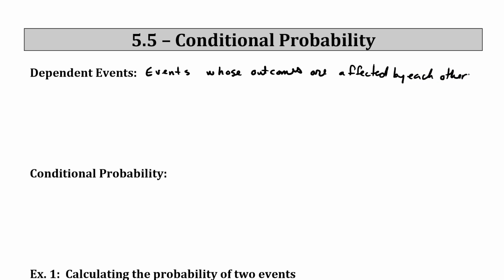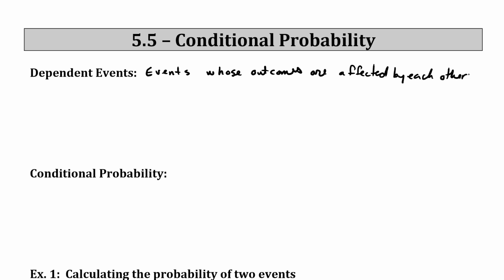So this takes it one step further from mutually exclusive. Mutually exclusive means that there is no overlap between events, but dependent events are actually related in that the probability changes based on the outcome of A or B.